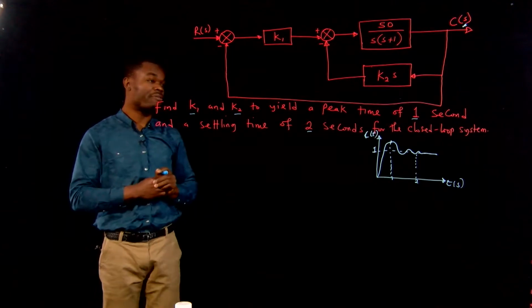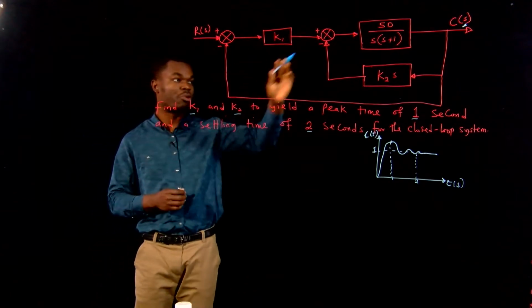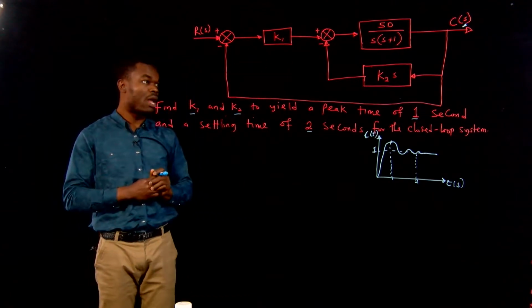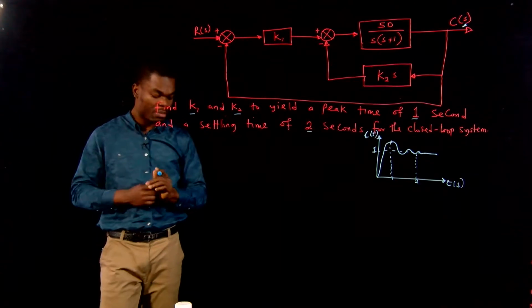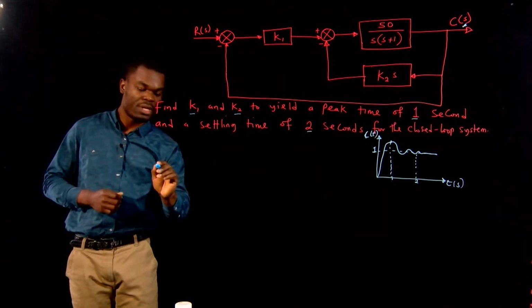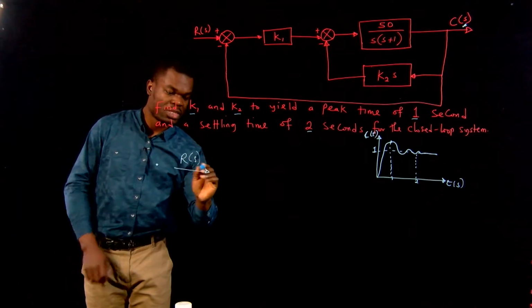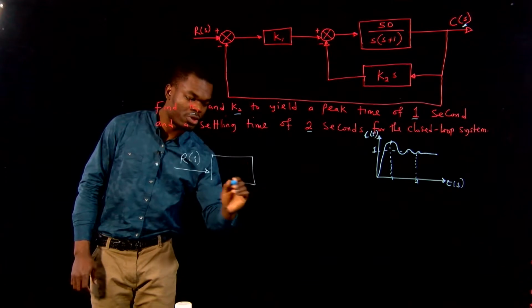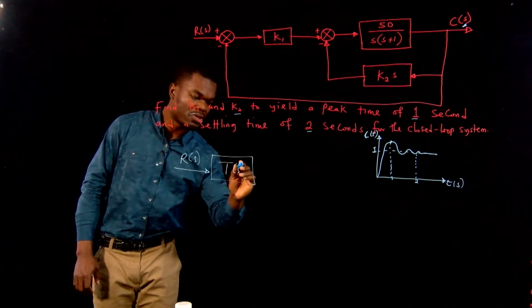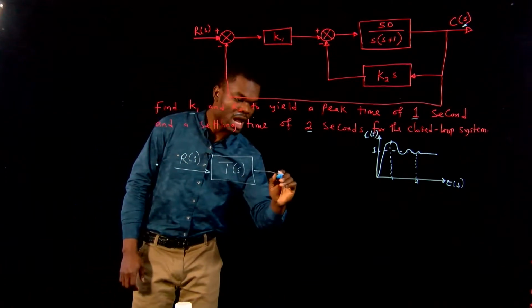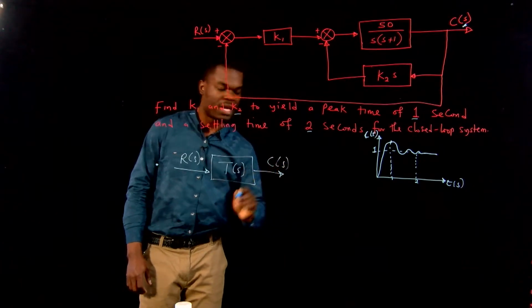Now, to solve this, the first thing we need to do is to reduce this block diagram into a more simplified form. In other words, what we want to achieve is to have one input R of s, which should feed into one transfer function, in this case T of s, to give us one output, which is our C of s.